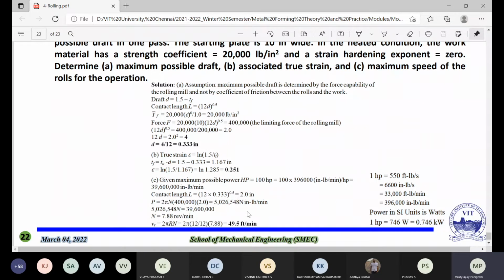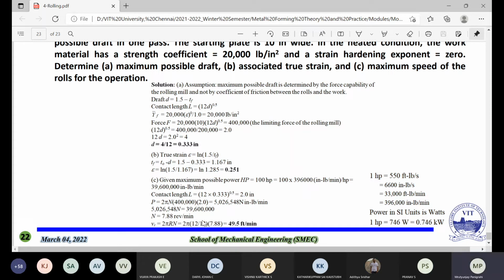I will cross check, because I have taken the value of 33,000 or 396,000. It's 15 inch, sir, feet per minute? Initially we have taken inch, so why directly put feet here? From inch I think it is converted to feet probably.